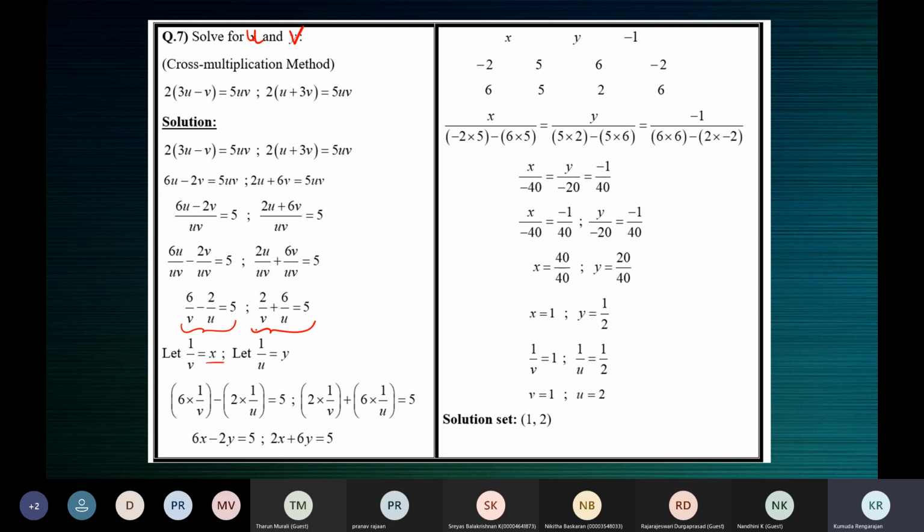When the variables are in the denominator. Numbers can be in the denominator, but not variables. So u and v, the variables, are in the denominator. So we said let 1 by v be x and 1 by u be y. You can also say let 1 by u be x and 1 by v be y. That's fine. Because v is first and then u, I've assumed let 1 by v be x and let 1 by u be y.